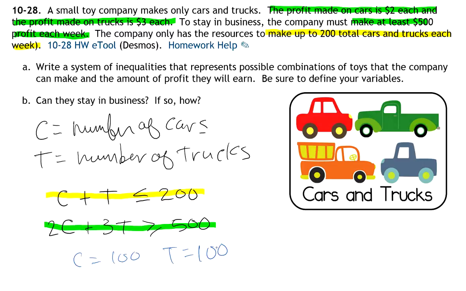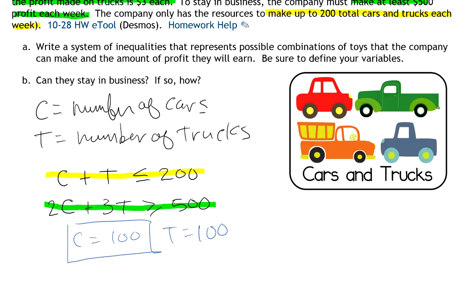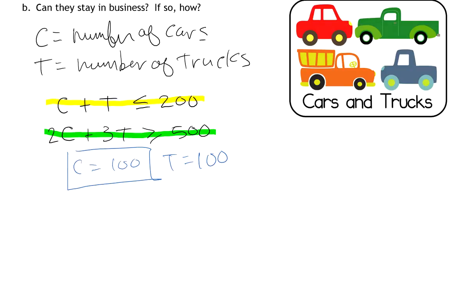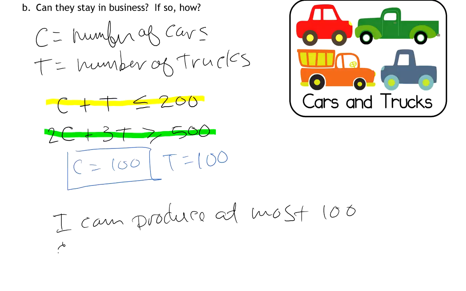And in fact, now that I see that and I thought about that number, what I can say is the most number of cars that I can make would be 100, right? If I make more than 100 cars, I don't clear enough profit. So I think that's what I'm going to write my answer as. I can produce at most 100 cars and remain in business.